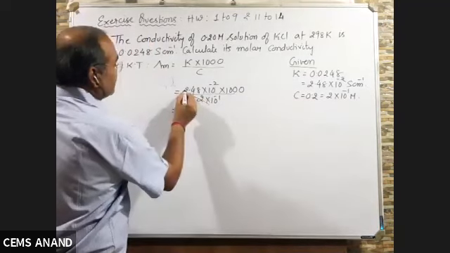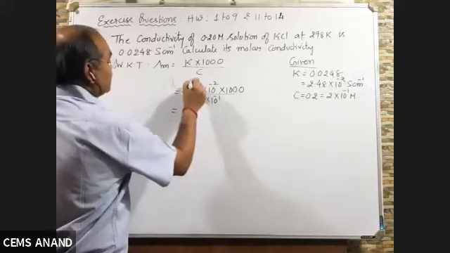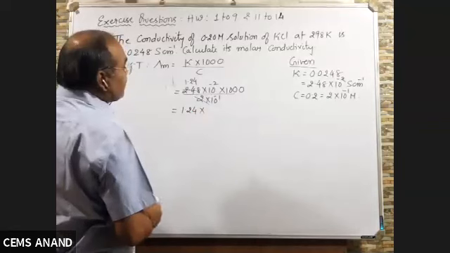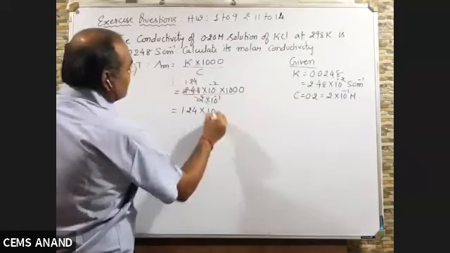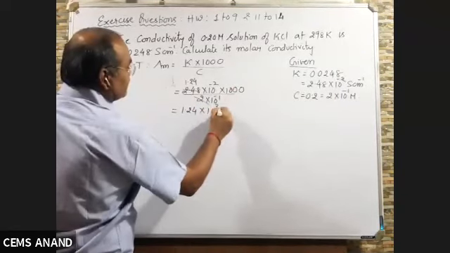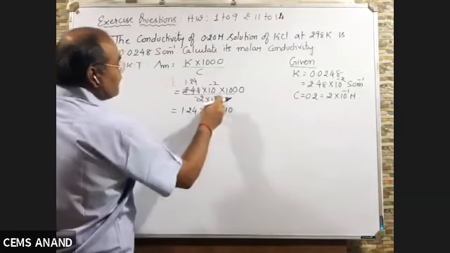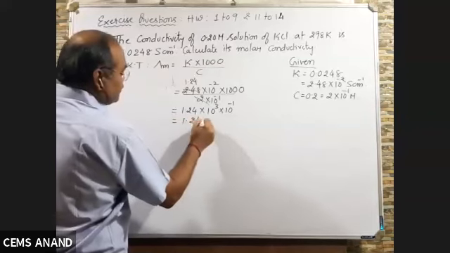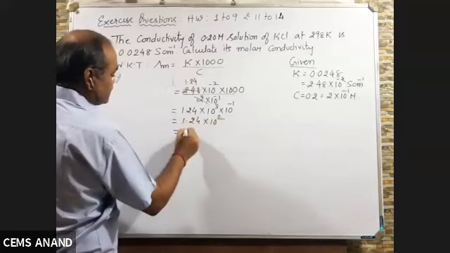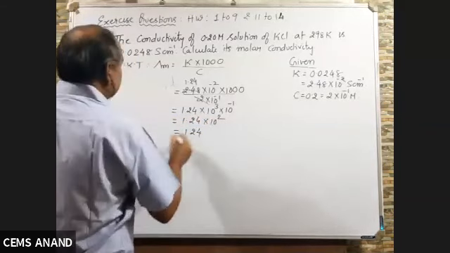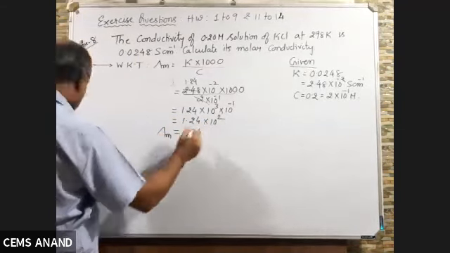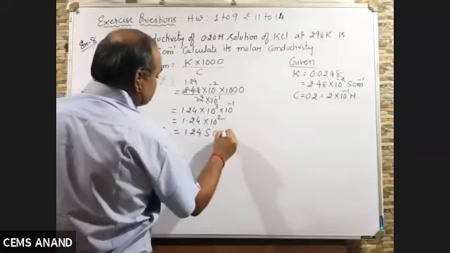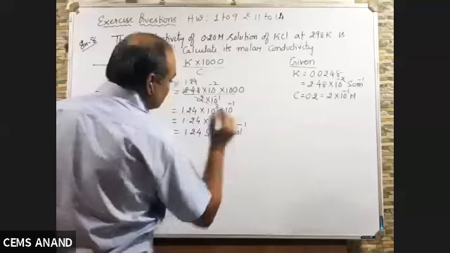If I divide this by 2, 1.24, so this will be 1.24 into 10 raised to 3 into 10 raised to minus 1 going up, plus 1, minus 1. So your answer will be 1.24 into 10 raised to 2, which is equal to 124. This will be your molar conductivity, whose unit is Siemens centimeter square per mole.